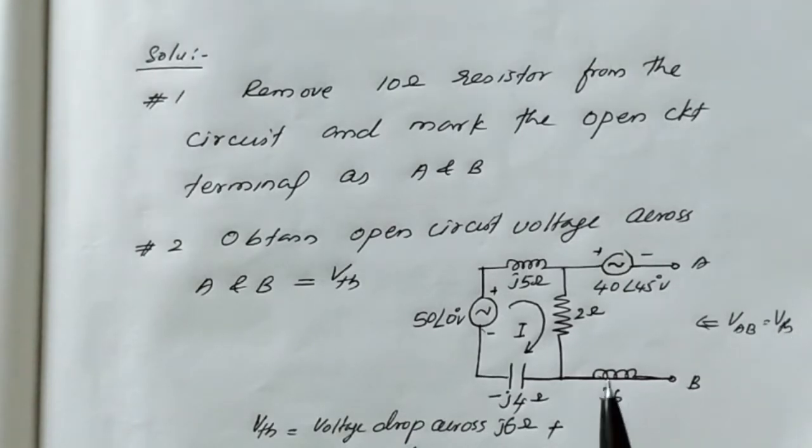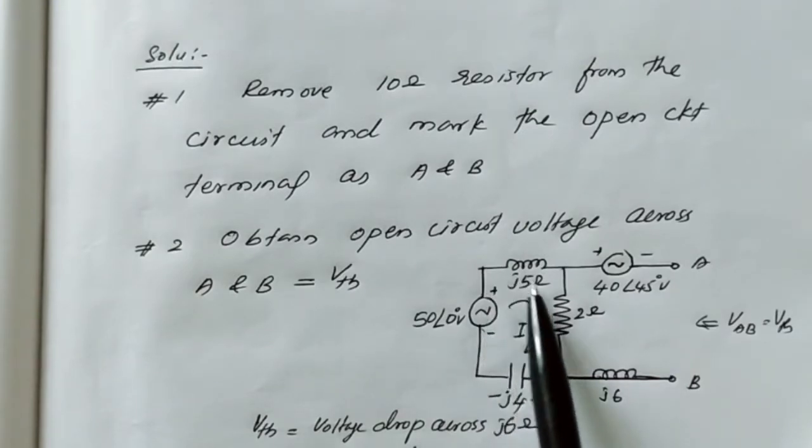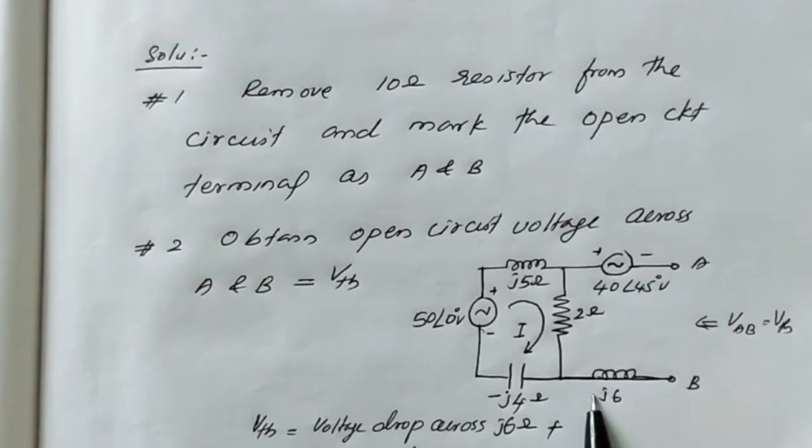So we know here the circuit is this part. The current flowing through j6 is 0. The current flowing through the 2 ohm resistor is this loop current I. So as we are seeing from the terminals A and B, what is the open circuit voltage?